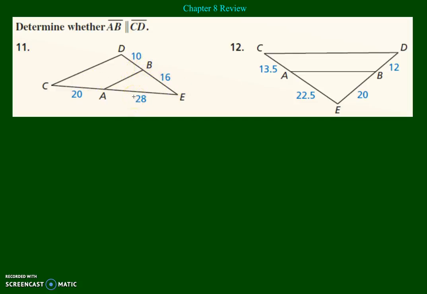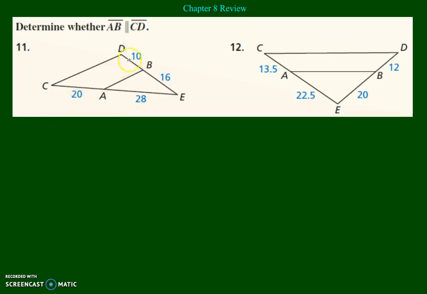The converse of the triangle proportionality theorem says that if a line divides two sides of a triangle proportionately, then that line is parallel to the third side of the triangle. So we have to determine if these two pieces are in the same proportion. So that's what we're going to do right now.